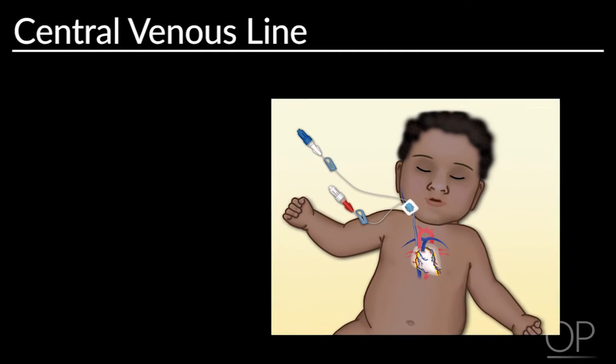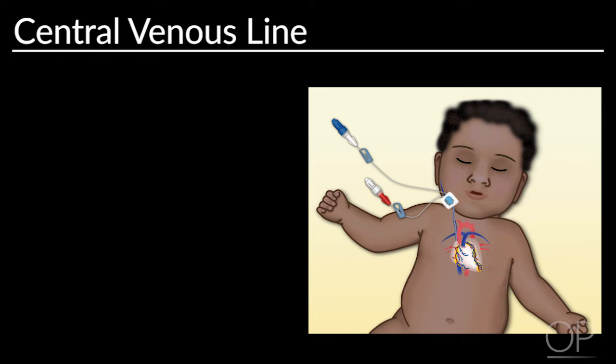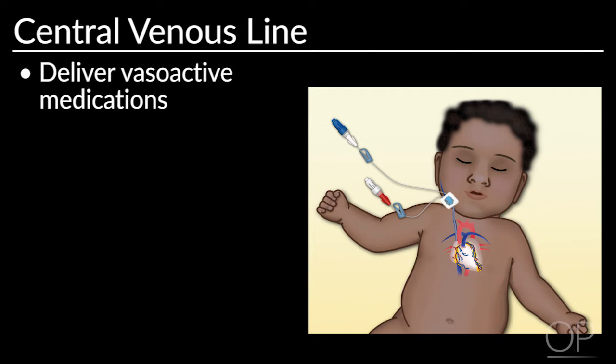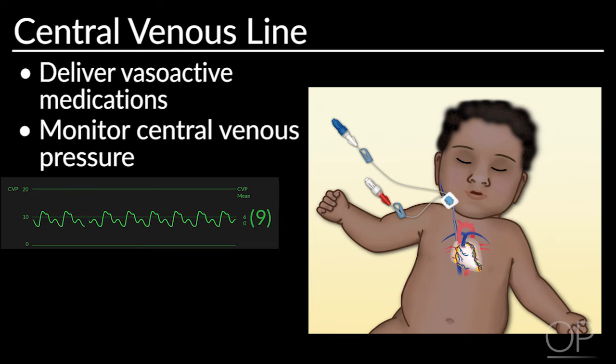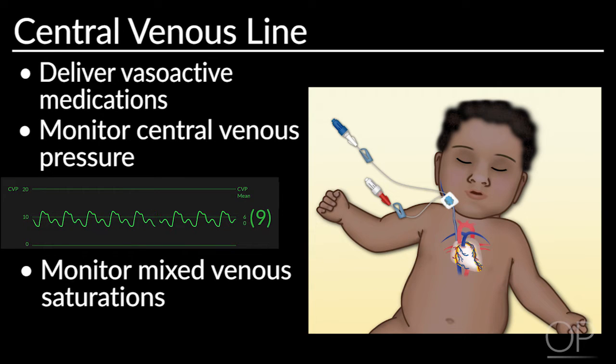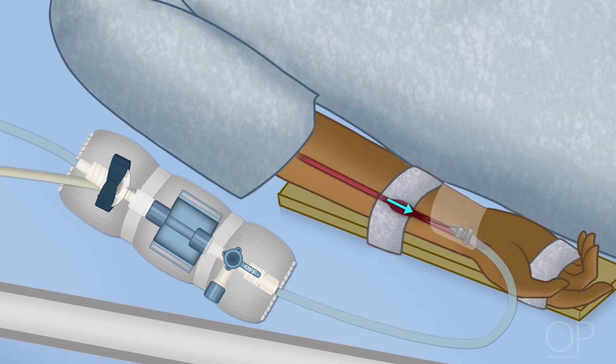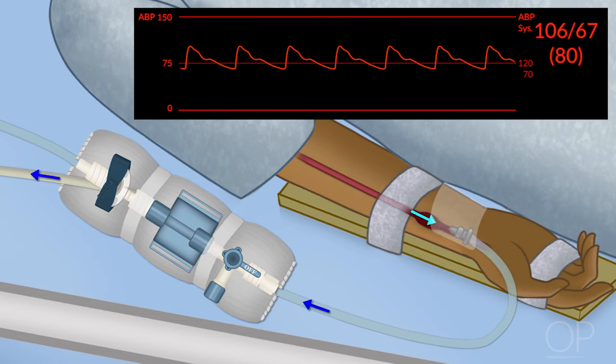And that venous line, as we'll see in the algorithm, helps to make sure that you're able to securely deliver vasoactive medications, monitor central venous pressures, and monitor mixed venous sats if the tip of the catheter is near the right atrium. The placement of an arterial line is critical when a patient's unstable and you're not able to obtain reliable blood pressures via traditional cuff blood pressures, or if you're rapidly titrating or escalating vasopressor therapies.